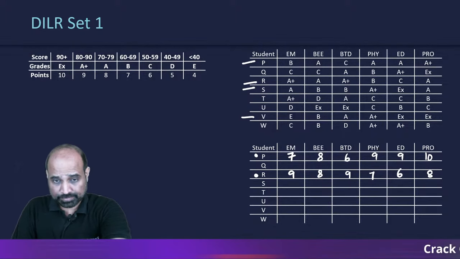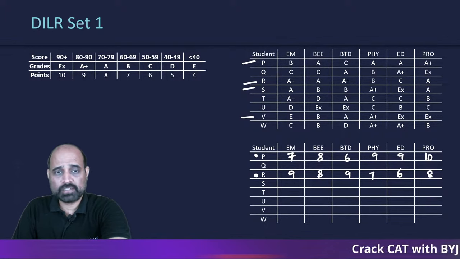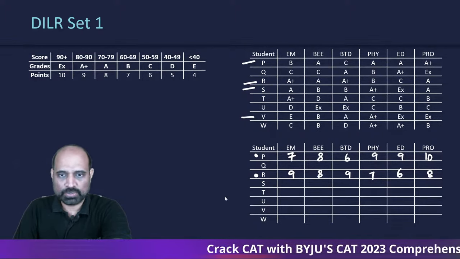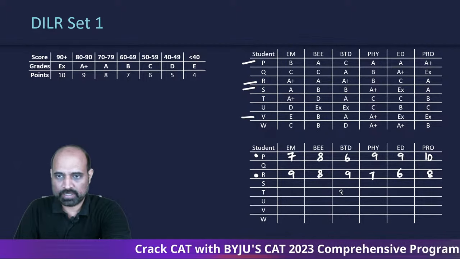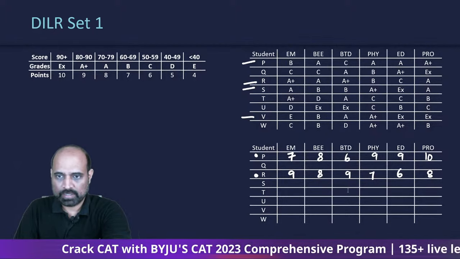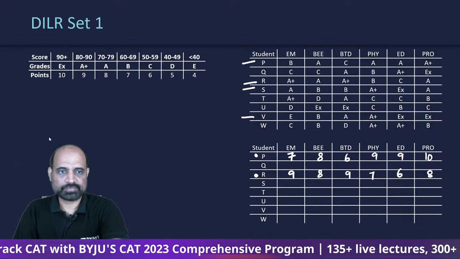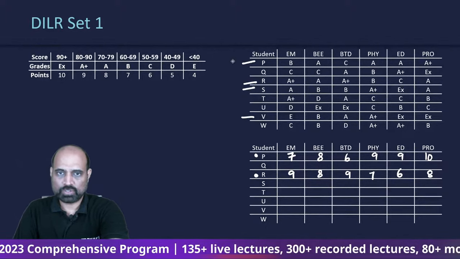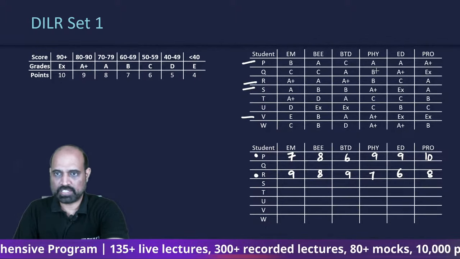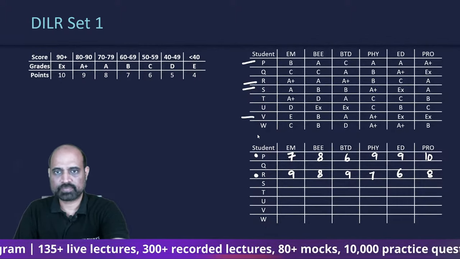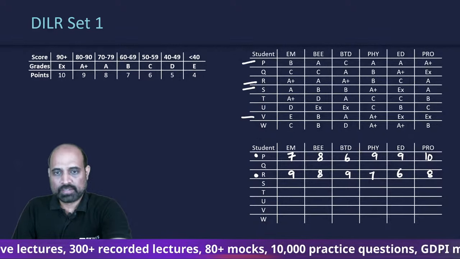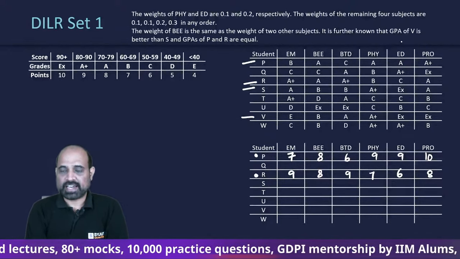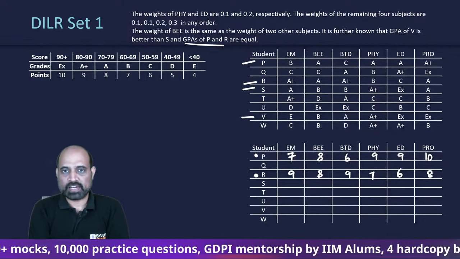Okay. Now, the next part, what we know, let's use that particular statement here. So I will paste it here. Okay. It is given that GPA of P and R are equal.